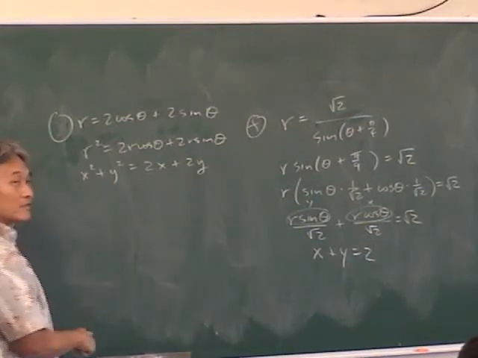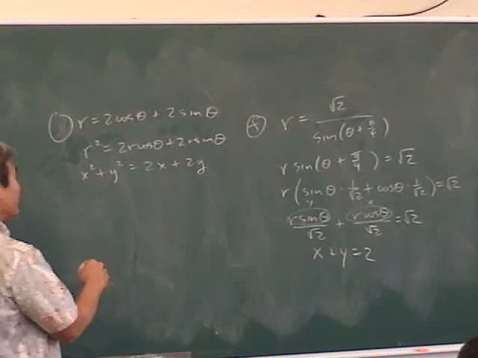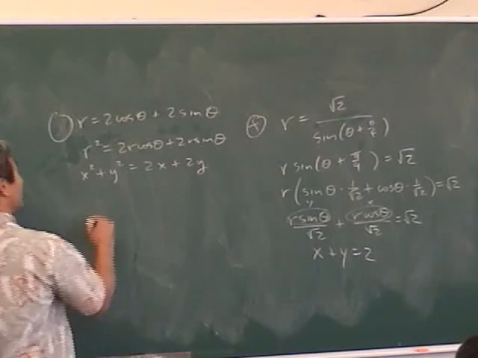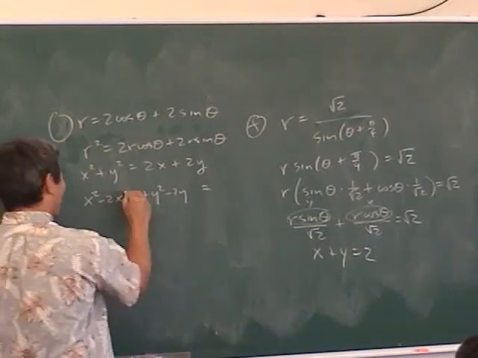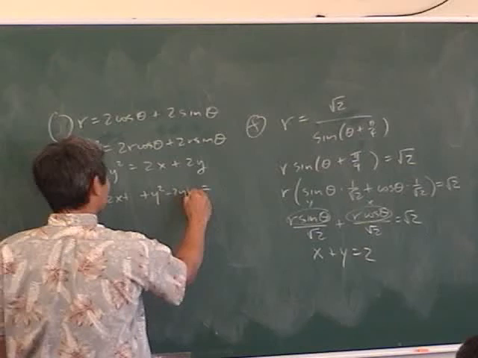How do I put this into standard form? You complete the square. You put the x's together, leave a space, put the y's together, leave a space, throw the number on this side. What do I have to add here and here to make a perfect square? 1 and 1. So if you add 2 on the left, you better add 2 on the right. So (x minus 1) squared plus (y minus 1) squared equals 2.